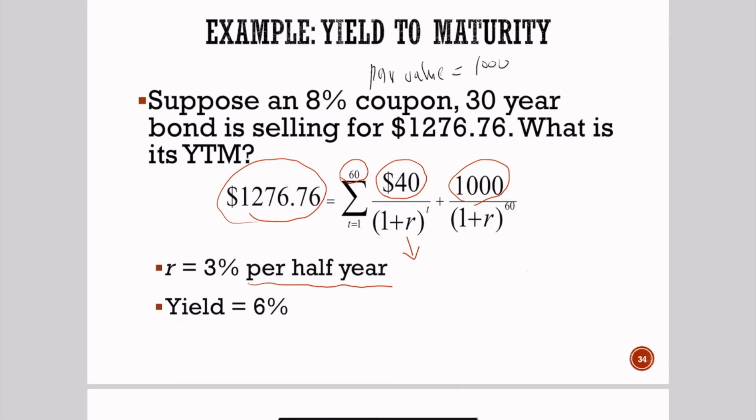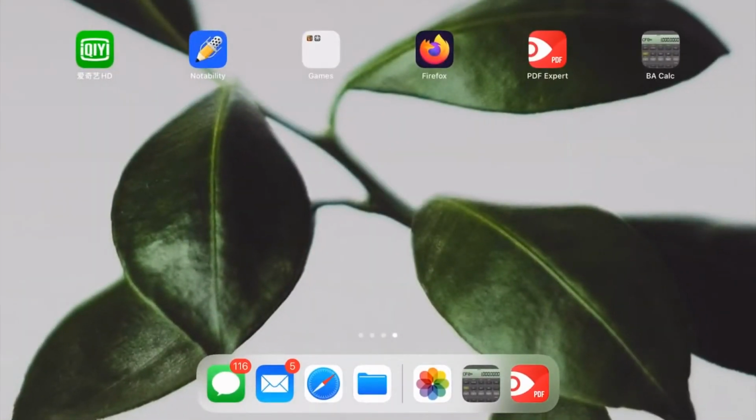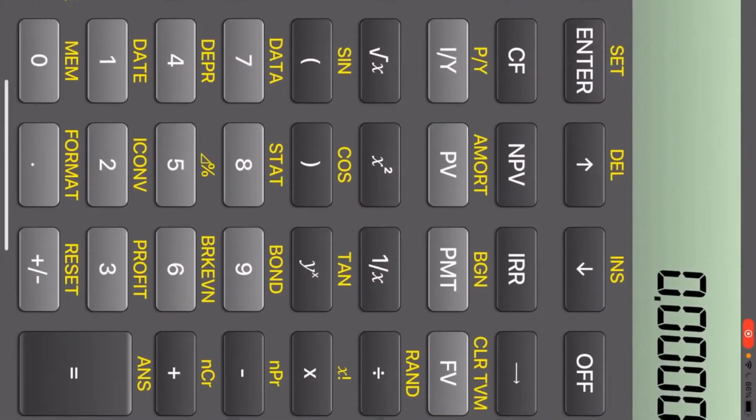I guess we could talk about how to use financial calculator to find out yield, right? That could be the interesting case, because I believe most of you, if you have taken corporate finance, have a financial calculator. Okay, so I have downloaded a financial calculator simulator. So let's see how we could use the financial calculator to solve the half-year yield.